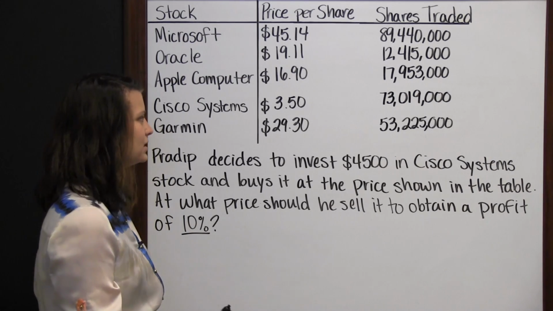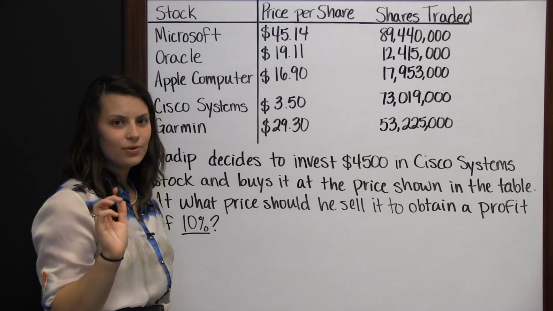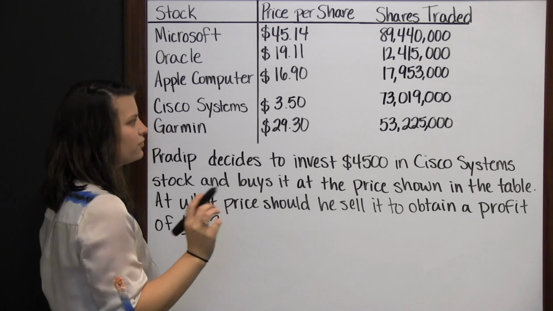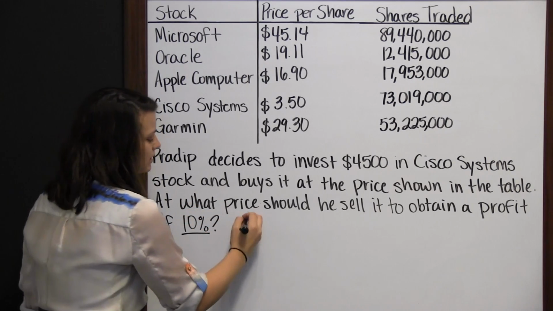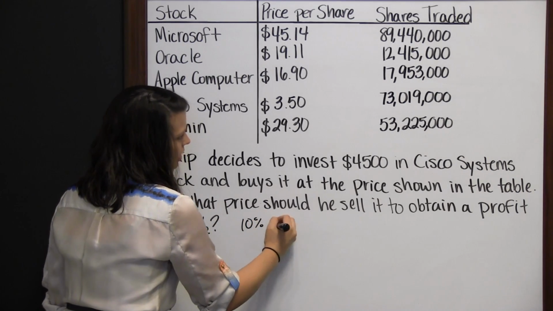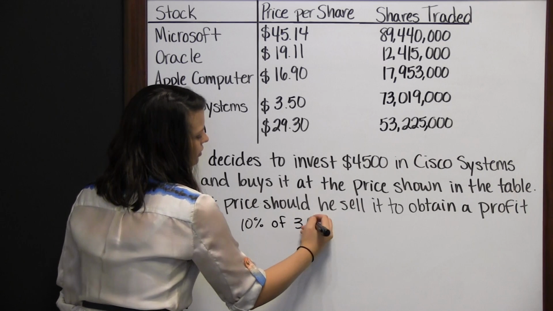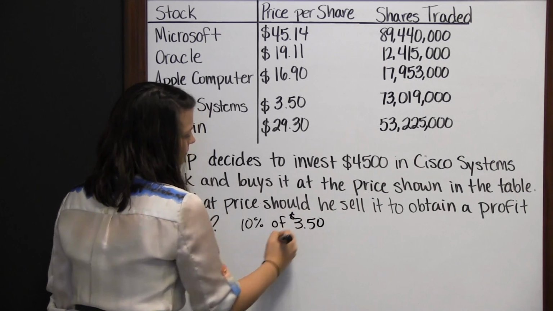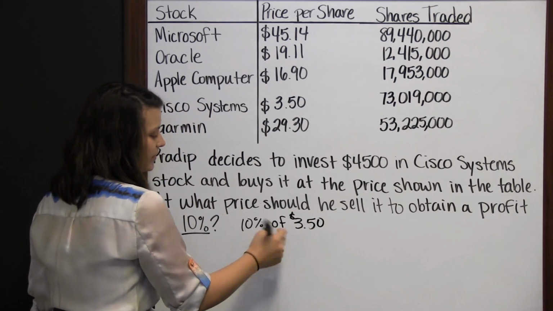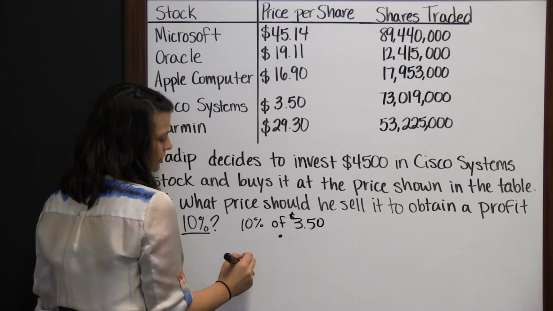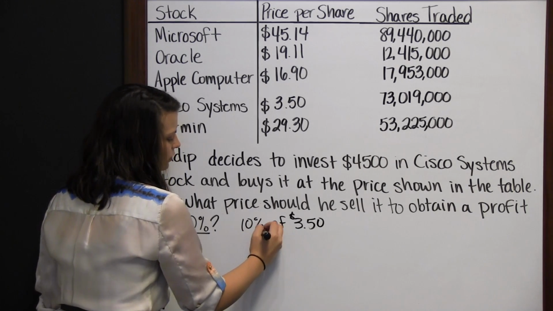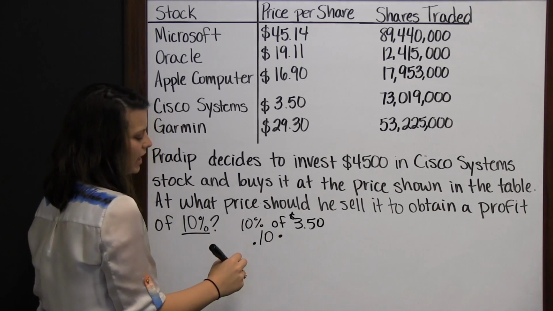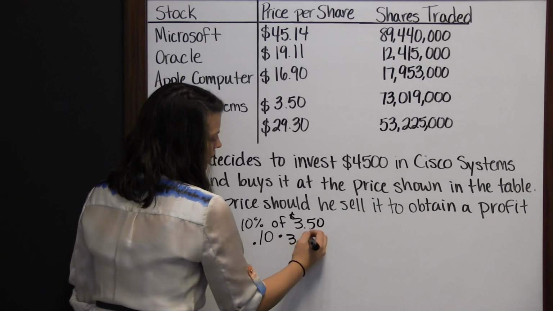And there are several ways to solve this problem. I'll show you one. So first I want to know, what is 10% of $3.50? Well, of means to multiply. So I'm multiplying times 1/10 or times 10 hundredths.